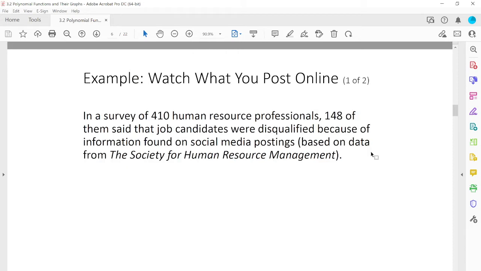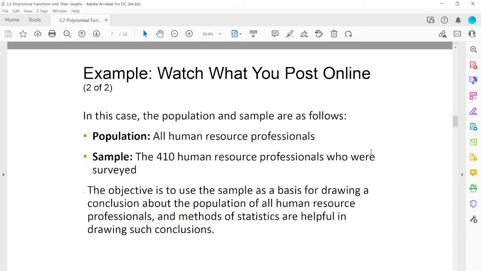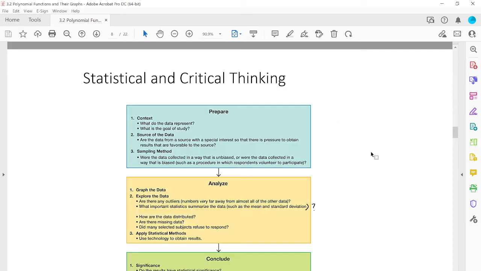The sample is the 410 human resource professionals who were surveyed. The objective is to use the sample as a basis for drawing a conclusion about the population of all human resource professionals. Remember, working with a huge population could be very time consuming and very expensive. That's why we always choose a sample.